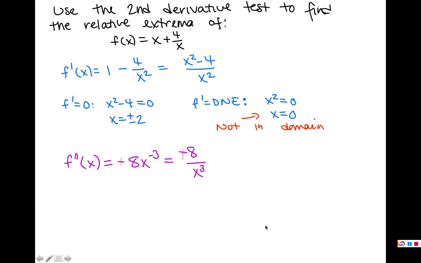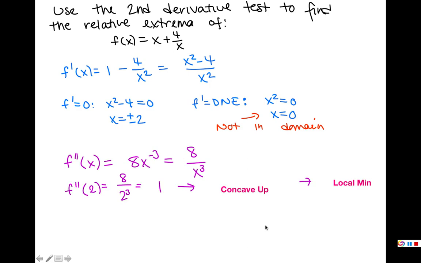Okay, so now that we have that second derivative fixed, what are we trying to do? We're trying to figure out if our critical numbers, 2 and -2, are local maxes or local mins. So the next thing we have to do is take those numbers, plug them into our second derivative, and see what happens.